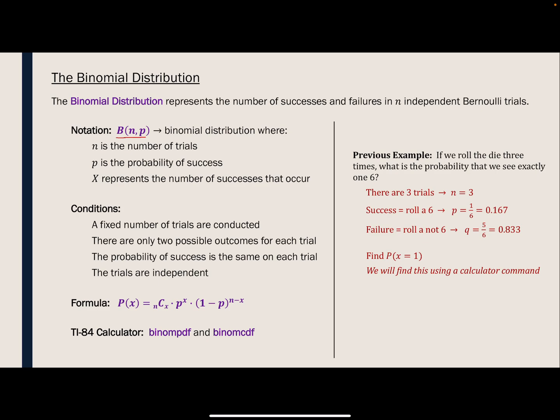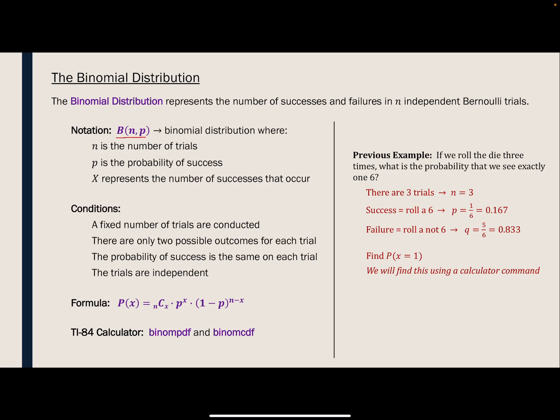We have some conditions for this. We need a fixed number of trials that are conducted. So for example, in our last example, we had 3 rolls, so 3 trials were the fixed number of trials. There are only 2 possible outcomes for each trial. So again, in our last example, we were either observing a 6 or not a 6.